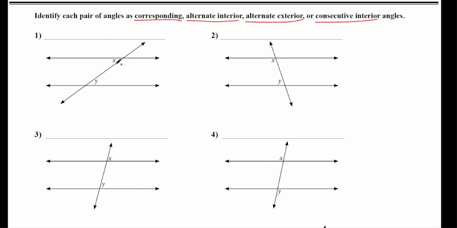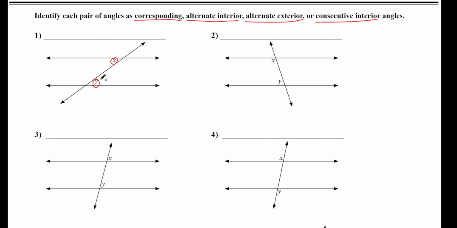All right, so let's take a look at this X and this Y. Which one is it? It's alternate interior because they're both inside those 2 lines. Now, we don't know that they're parallel, do we? They don't have to be parallel to be able to give them a name. Now, they do have to be parallel if we're going to say that they're equal to each other or something like that, okay? But right now, we're just giving names.